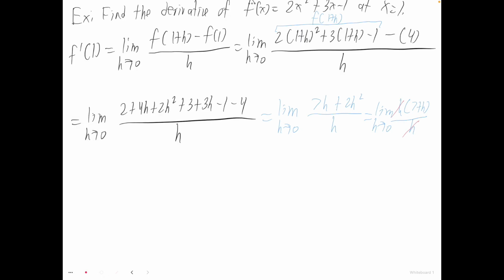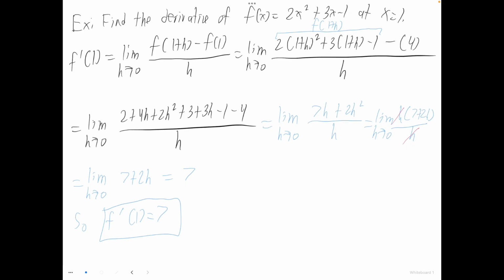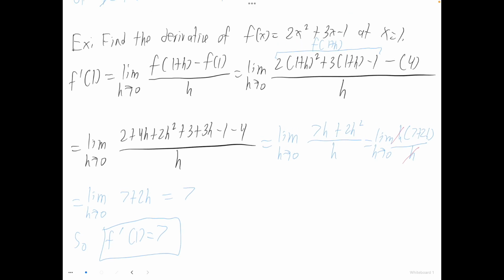We can cancel those h's off. So now we have the limit as h goes to 0 of 7 plus 2h, which is equal to 7, because h goes to 0. So we found that f prime of 1 equals 7. The derivative of our function f of x equals 2x squared plus 3x minus 1 at the point x equals 1 is the number 7.